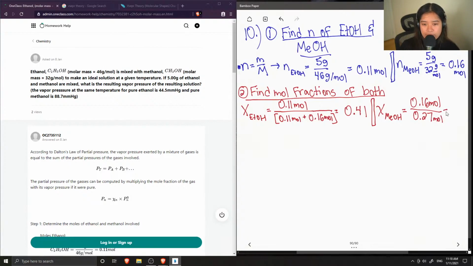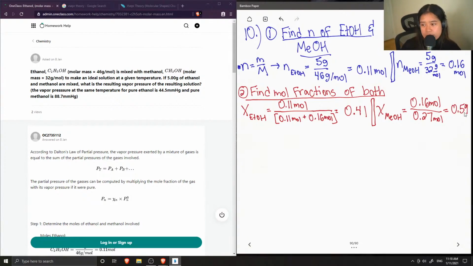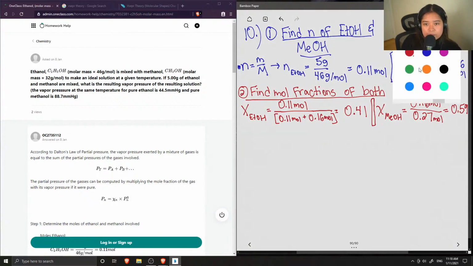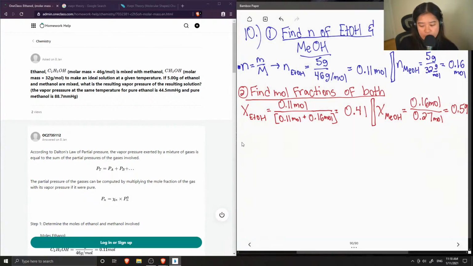And we end up with 0.59. Another way to calculate the mole fraction of the methanol is just to do 1 minus 0.41. You'd get the same thing, but I just wanted to show all the steps. Now I have the two mole fractions.